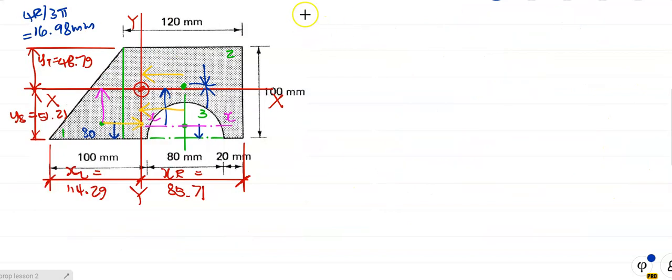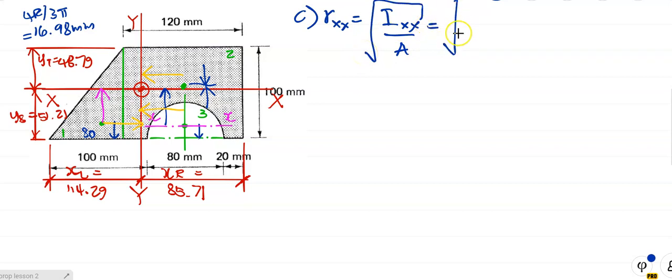Right, so part C of this. Rxx is equal to the square root of Ixx over the total area, which is Ixx, 1.030 times 10 to the power 7, over the total area.